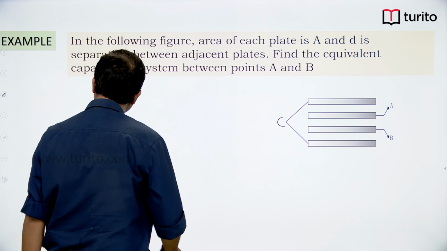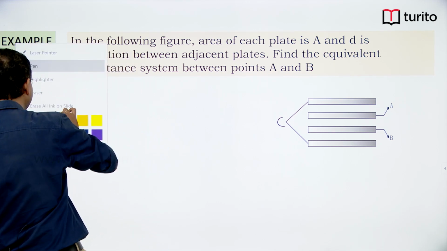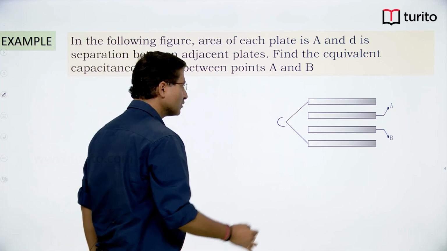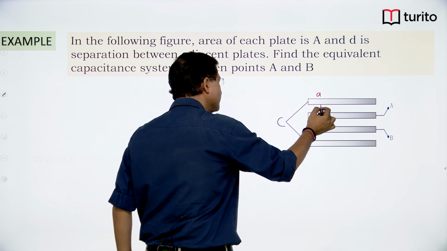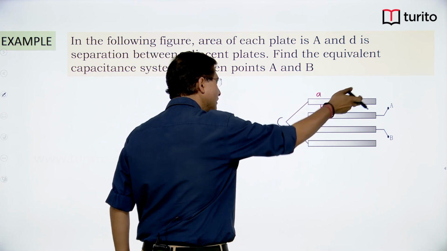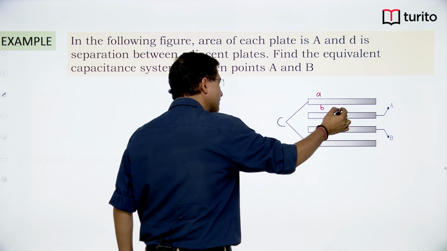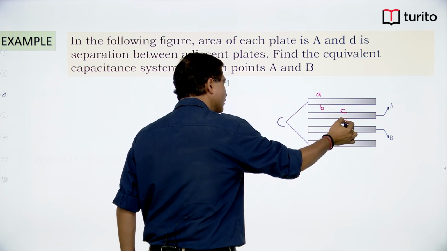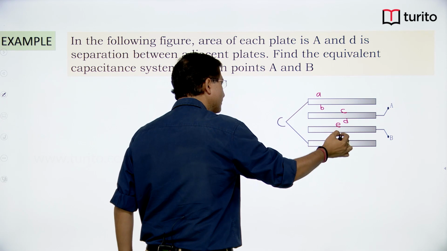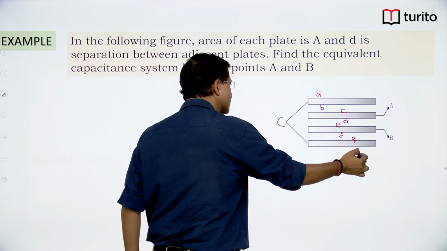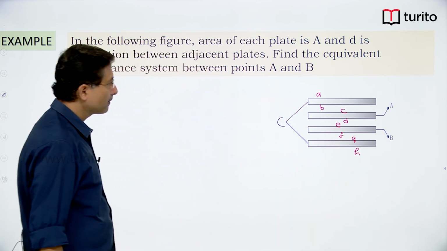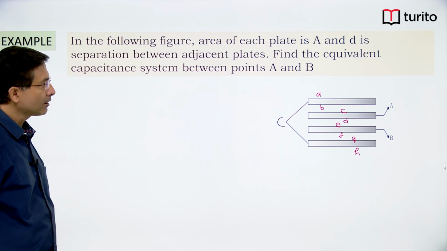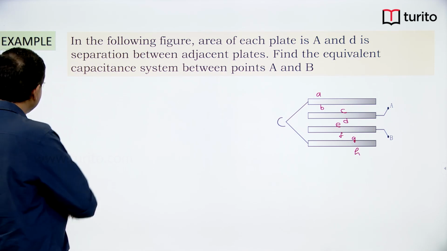And then comes naming surfaces. So, small a, b, upper surface, lower surface, facing is C, then lower is D, E, F, G, H, right. And we are going to follow the same procedure.